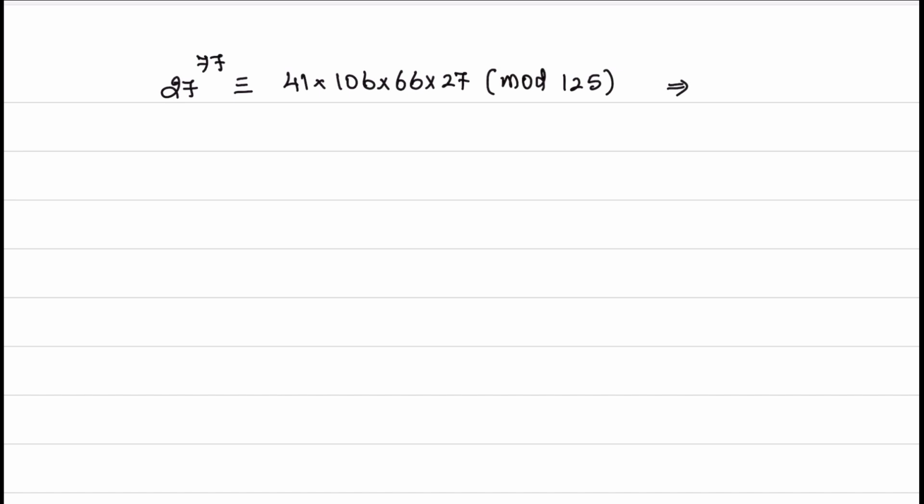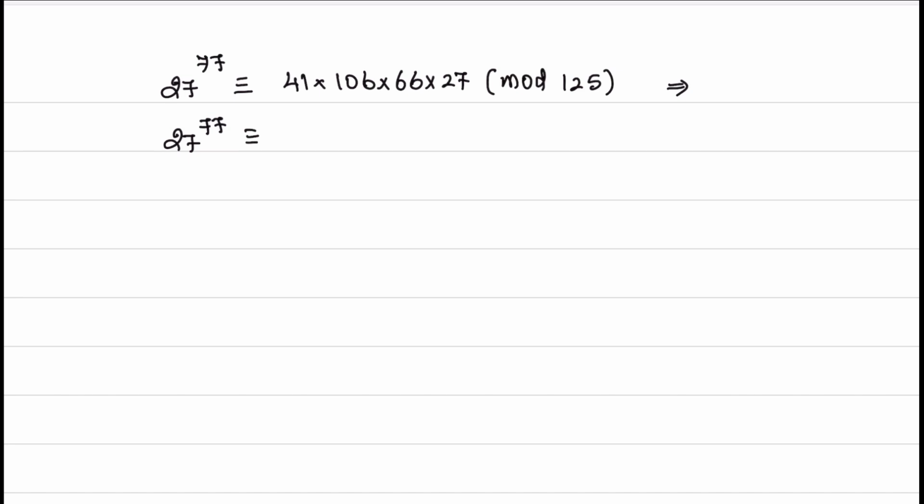Hence, from the above we get 27 to the power of 77 equivalent to 41 into 27 to the power of 8, which is 106, into 27 to the power of 4, which is 66, into 27 mod 125.